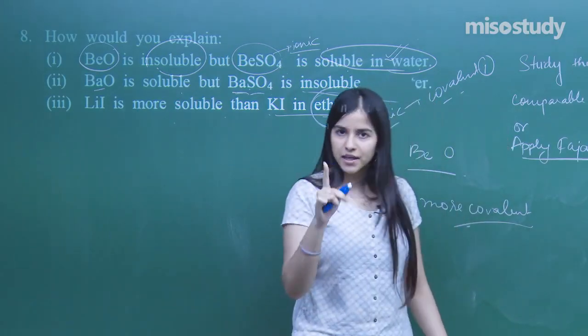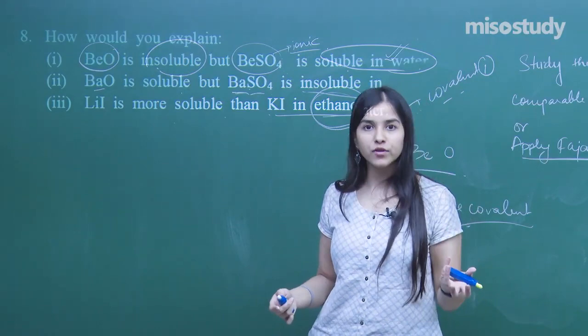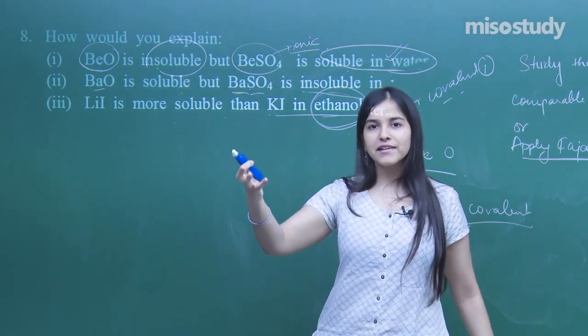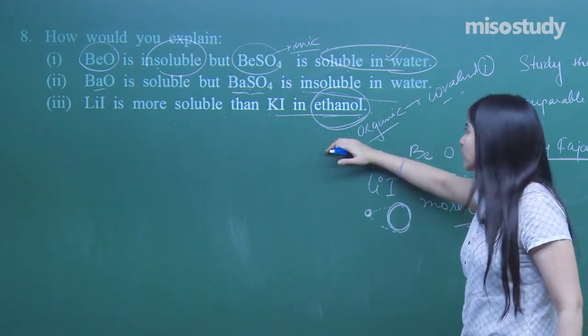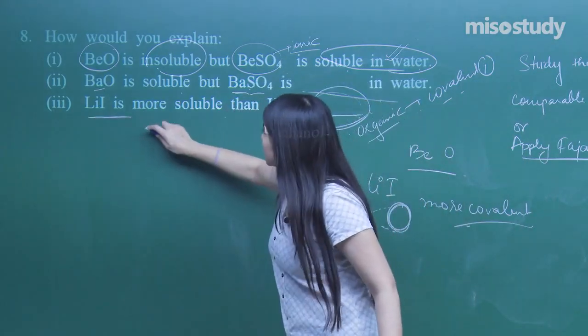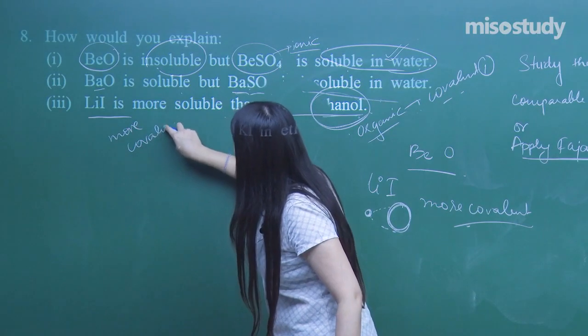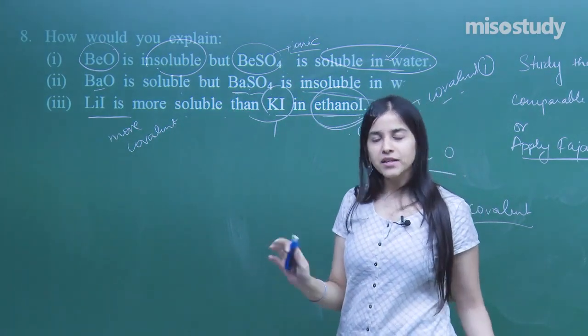Thereby if the compound is more covalent, it's sort of non-polar, right? And if it's non-polar, then it is very well able to get dissolved in the organic solvent. So that means LiI is more soluble because it is more covalent, as per Fajan's rule, as compared to KI in ethanol. Clear?